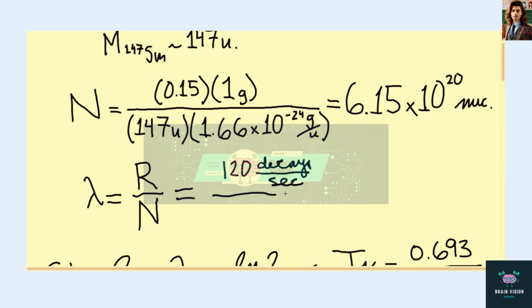Divide that value of R by our 6.15 times 10 to the 20th nuclei. And we get a value of 1.95 times 10 to the negative 19th.